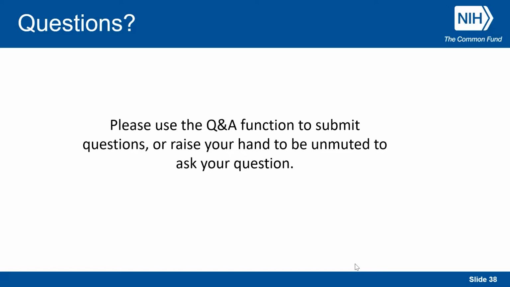All right. Does the PD/PI for RFA RM 22-022 have to meet the criteria for early career researcher? So RFA RM 22-022 is the research education program. And for that particular program, there is no distinguishing factor between early career or established investigators. So all levels of researchers are eligible to apply.